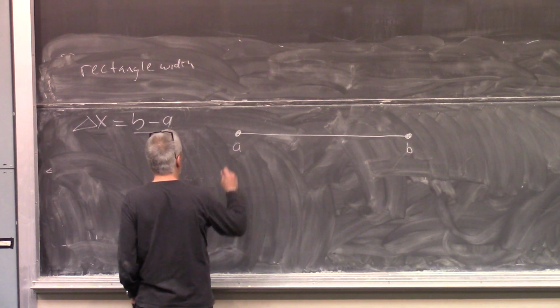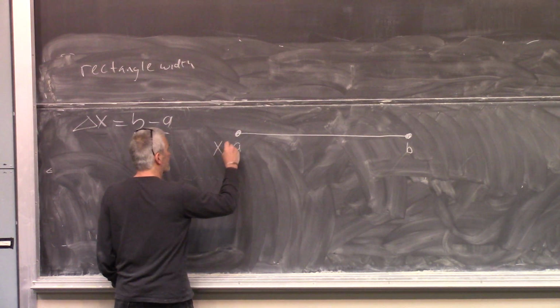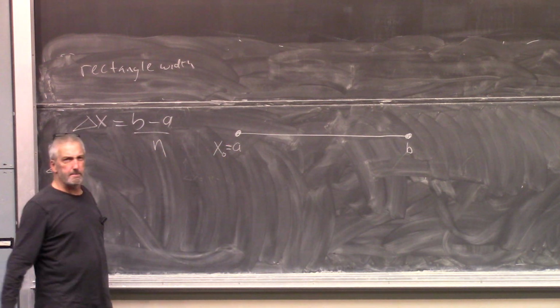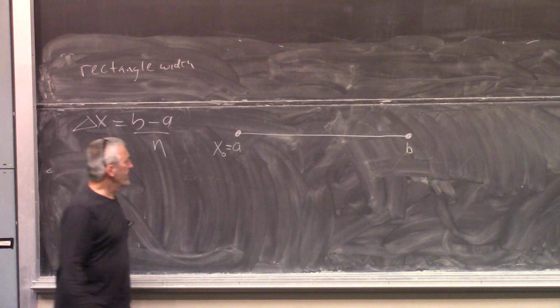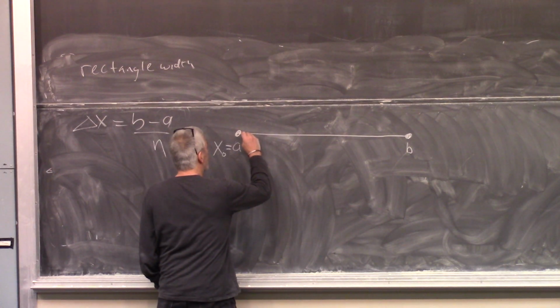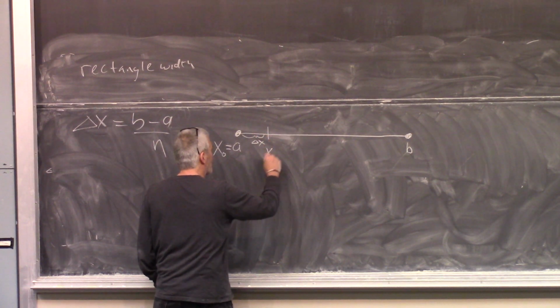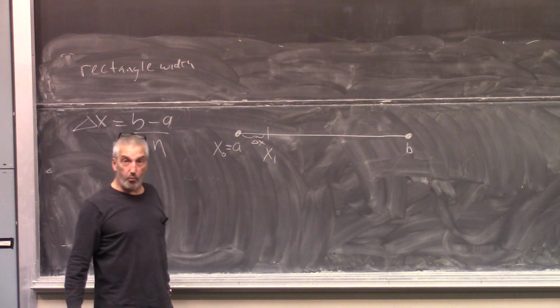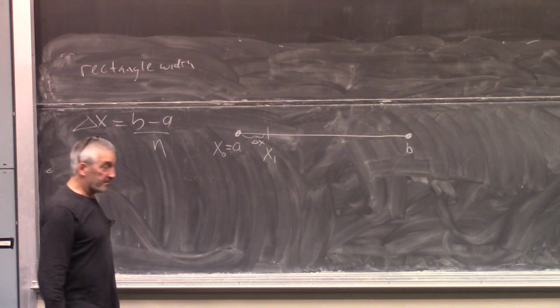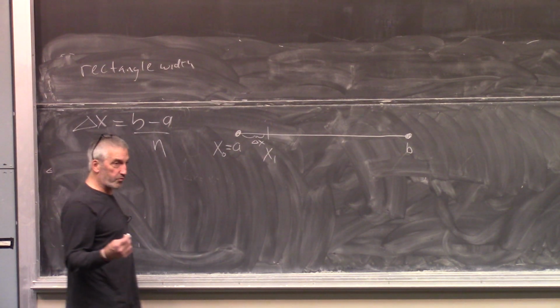Now we define this number to be x subscript 0. And then we went over a distance delta x to get to what we call x subscript 1. The subscript 1 is just to keep track of which one you're talking about.